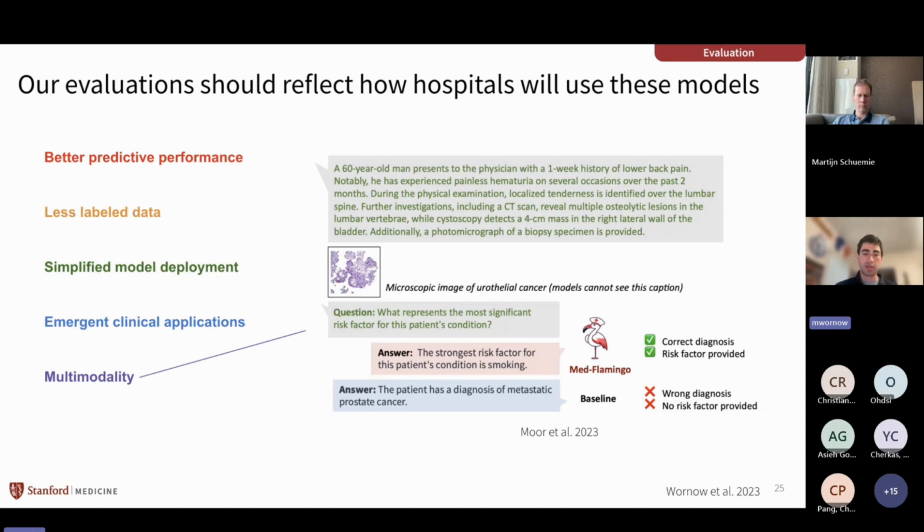This was an example of a paper published by Michael Moore last year called MedFlamingo, where they trained an open source model to ingest both clinical text and images. Here you see the doctor has asked the model: here's the case history for this patient, here's an image, given the image and the history and text, what's the most significant risk factor for this patient's condition?